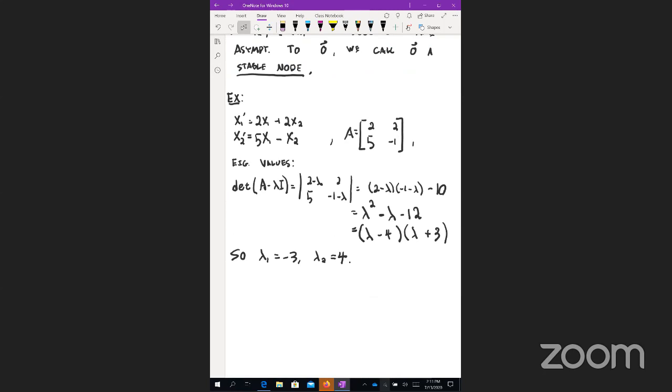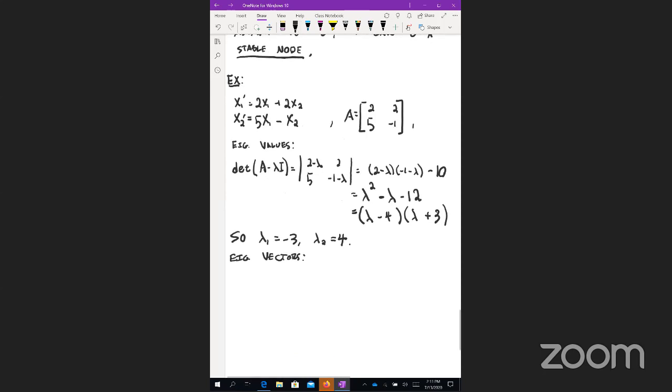Okay, so eigenvectors. For lambda 1 equals minus 3, we're going to wind up with the augmented system 5, 2, 0, 5, 2, 0, which pretty quickly implies 0, 0, 0, 0.